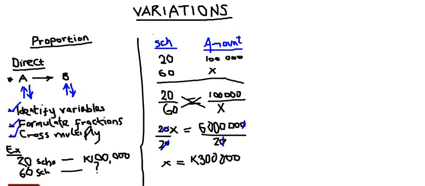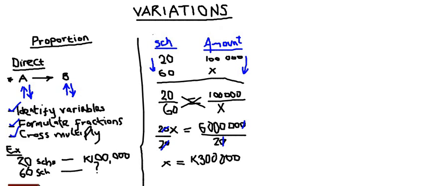So you can see that when we increase the number of schools from 20 to 60, we have also experienced an increase from 100,000 kwacha to 300,000 kwacha. You can see that the ratio is constant.